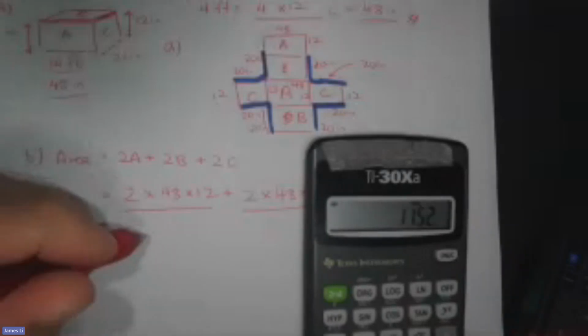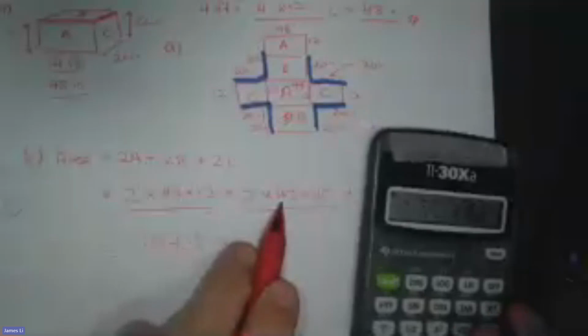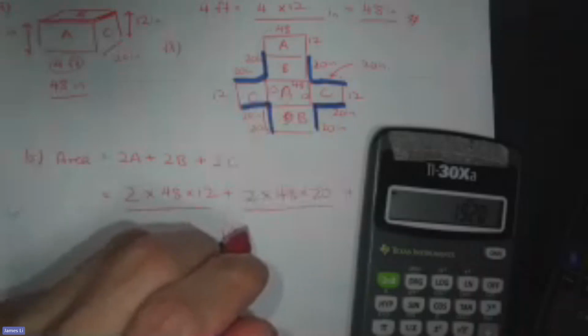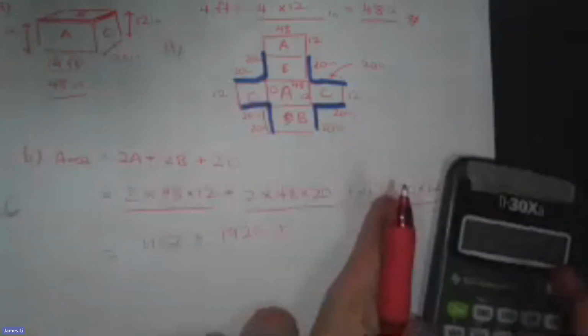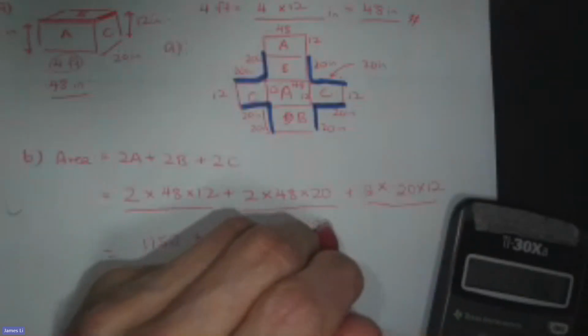So 2 times 48 times 12, you will get 1152, plus 2 times 48 times 20, you will get 1920, plus 2 times 20 times 12, you will get 480.